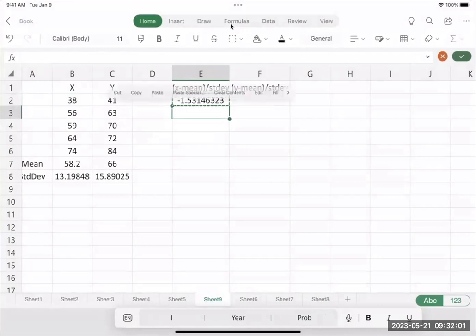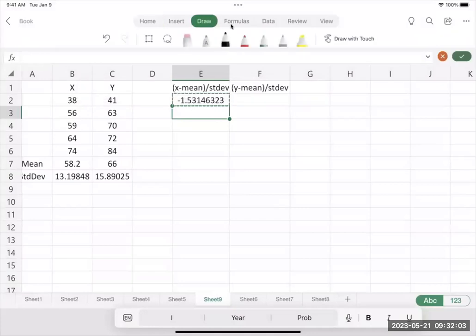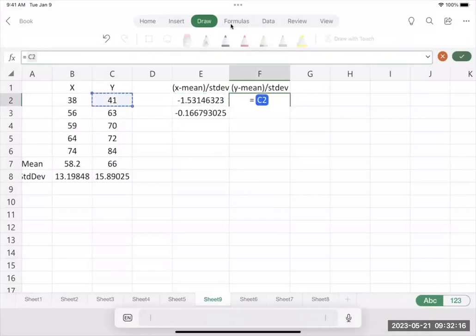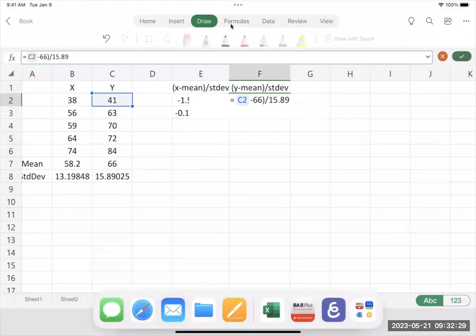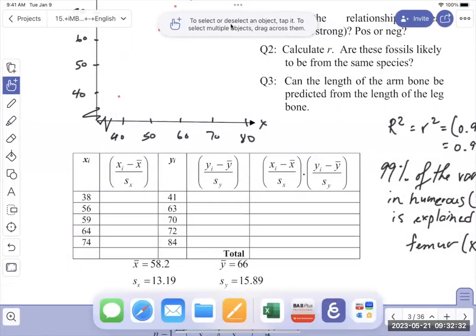Okay, so then here you copy and paste, and it references the column. Okay, let's just do a few of these. And then this one, I'm going to write 41 minus 66 divided by 15.89, which I think I did over here.